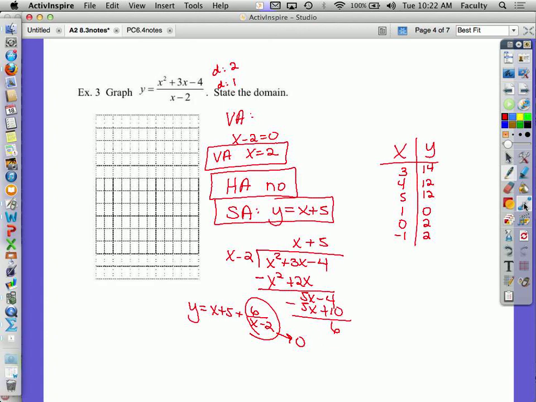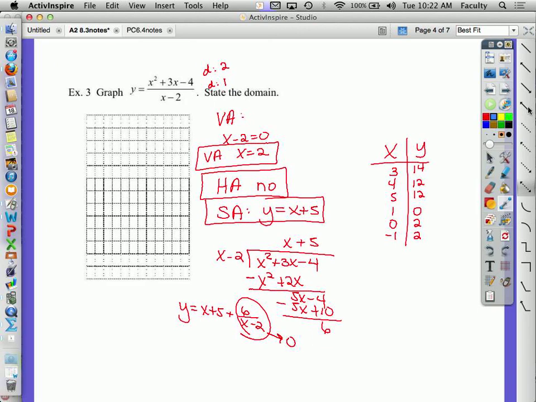Let's go ahead and start our grid, but we will go back to the graphing calculator to see what's actually happening and to help us with that range.